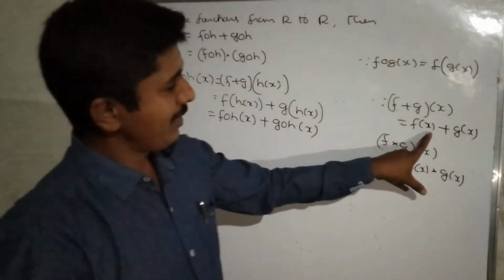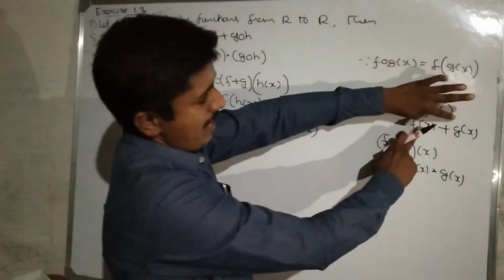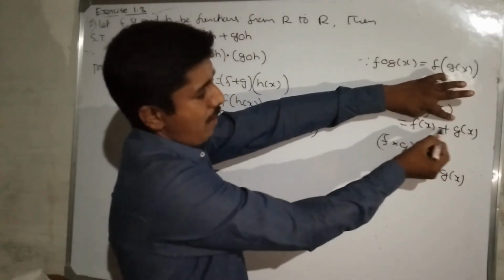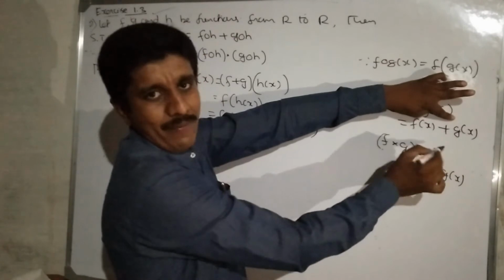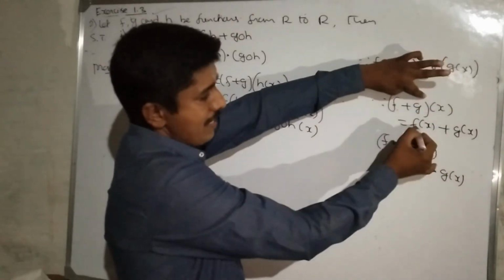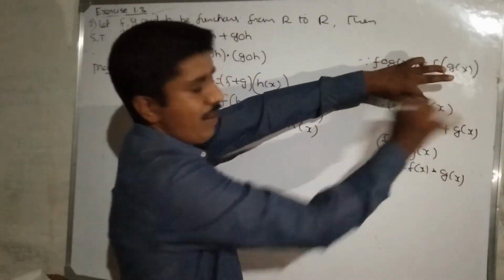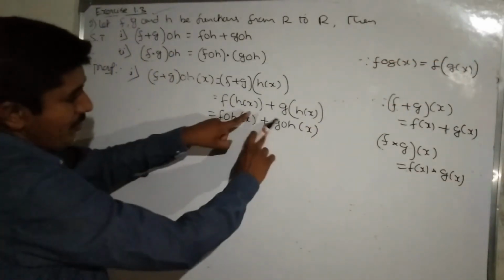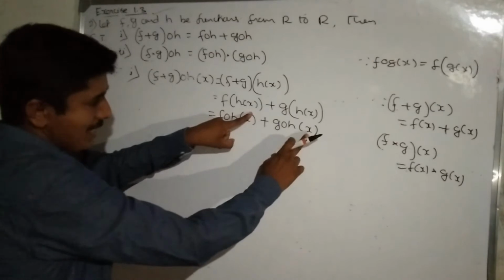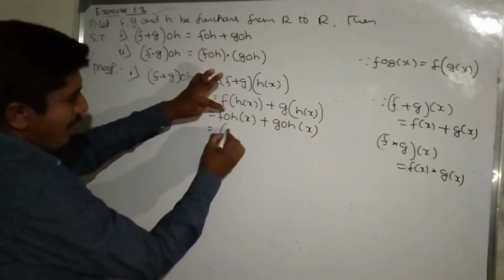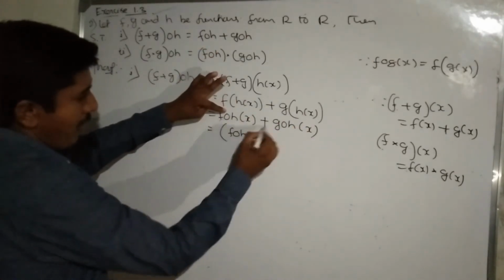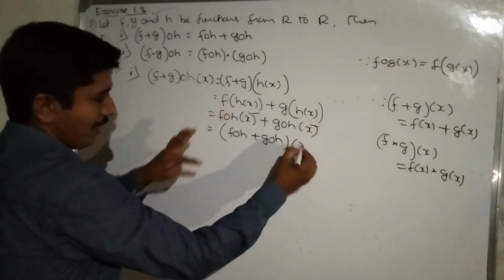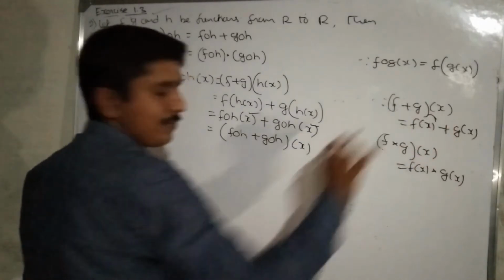Again, in reverse order, F of x plus G of x: F is a function of x, G is a function of x, so this can be written as F plus G is a function of x. Here FoH is a function of x and GoH is a function of x, so this can be written as FoH plus GoH is a function of x.